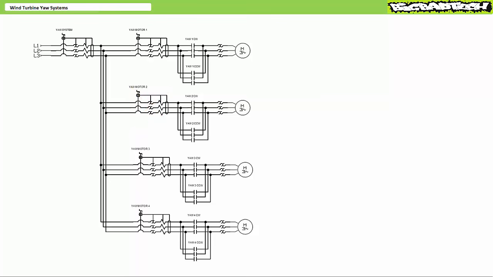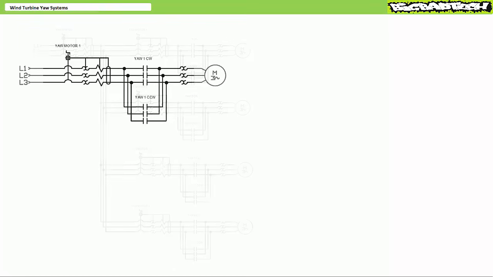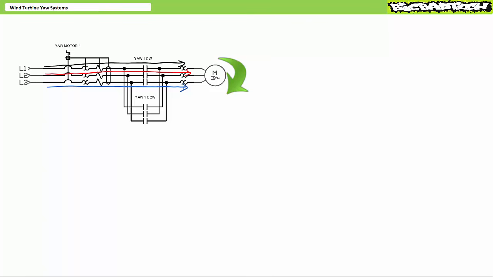Continuing downstream from each individual manual motor starter, we see a pair of contactors that make or break connection to primary voltage. Since each individual yaw system is identical, let's just zoom in on the primary schematic for yaw motor 1. Yaw motors 2, 3, and 4, and for that matter 5, 6, 7, and 8, would repeat this same connection. You will note that when the clockwise contactor closes, it applies phase sequence L1, L2, L3 to the squirrel cage induction motor such that it turns clockwise.